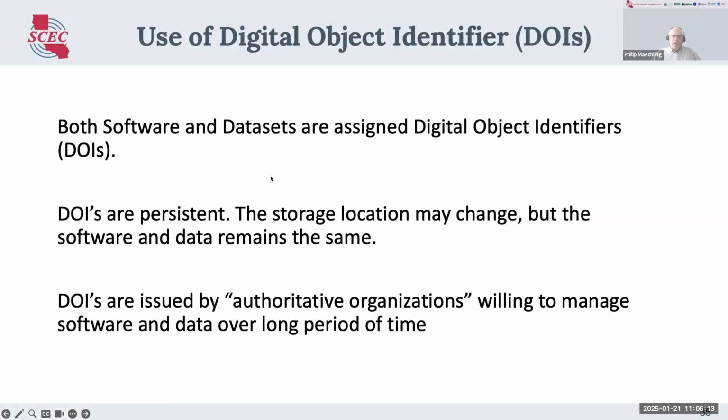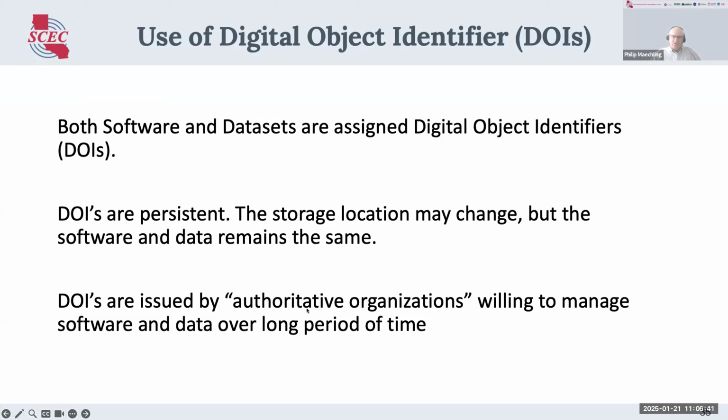I want to point out the importance that both software and data sets are now typically assigned digital object identifiers. They're considered persistent. The storage location for the software or the data may change, but the software and data remain the same and the DOI remains the same.